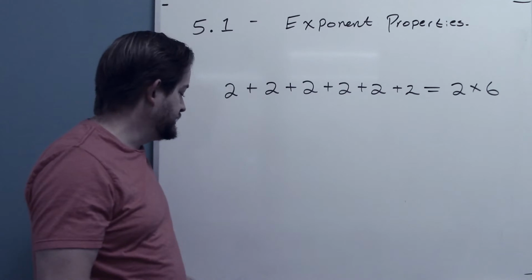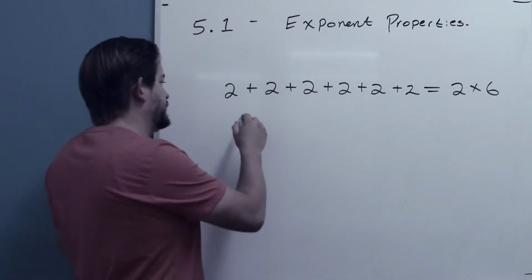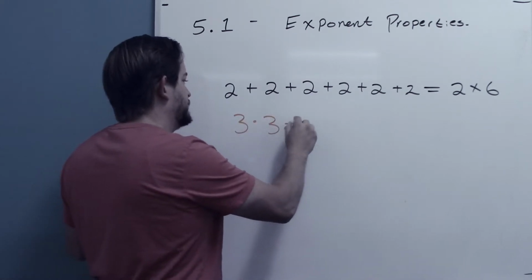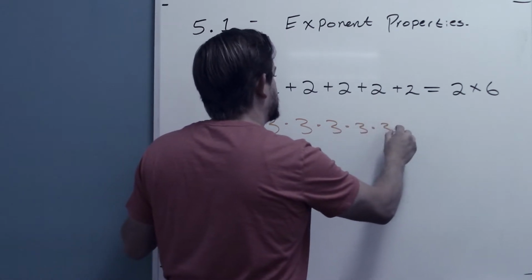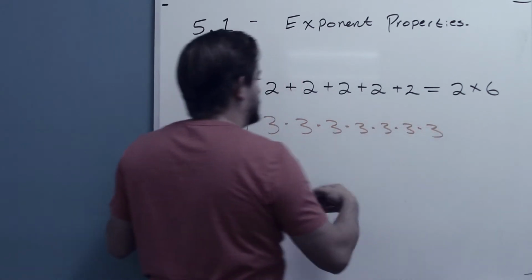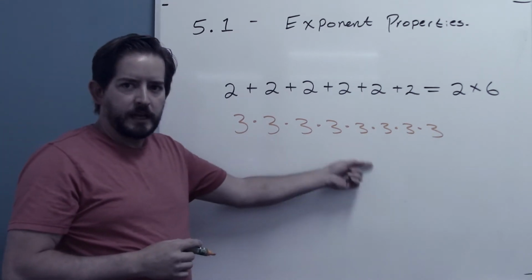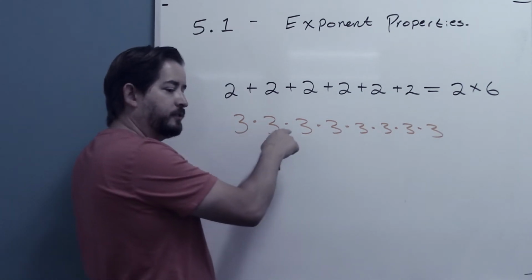And the same thing happens if multiplication happens over and over again. Let's say, for example, I have 3 multiplied by 3, multiplied by 3, multiplied by 3, multiplied by 3, however many times, it doesn't matter, right? There's a lot of them. But instead of writing this repeated multiplication over and over again, I can count up how many times there are a factor of 3.